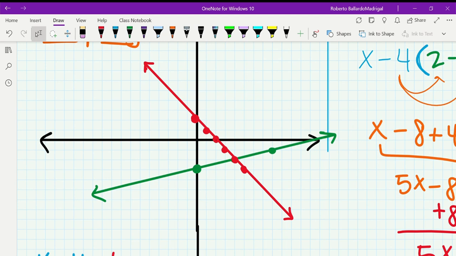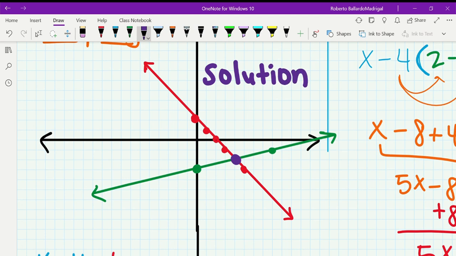Okay. Looking at this graph and your graph, let's find that point of intersection. Remember, that will be our solution. The point of intersection is the point, what? X comes first, so let's count. We go 1, 2, 3, 4 to the right, so that's 4.